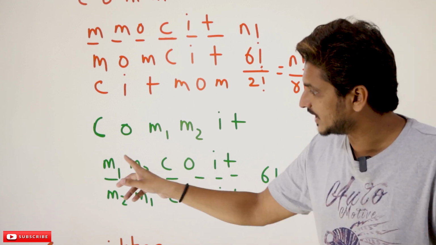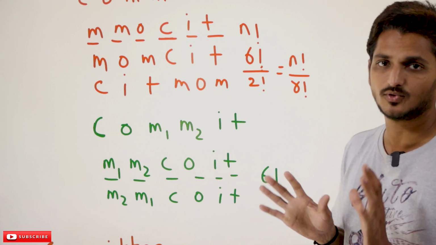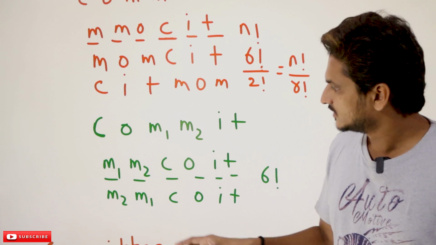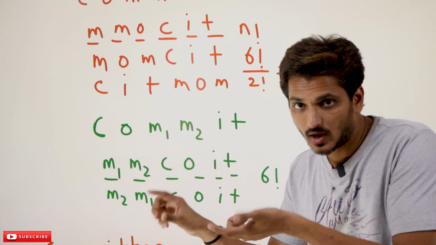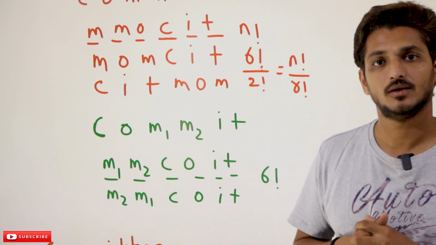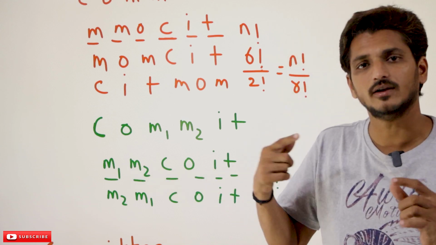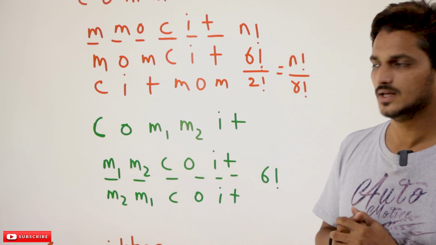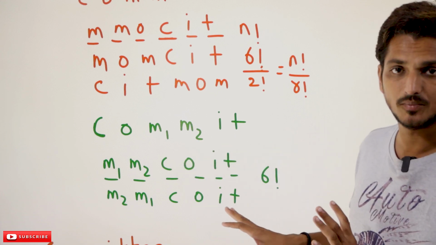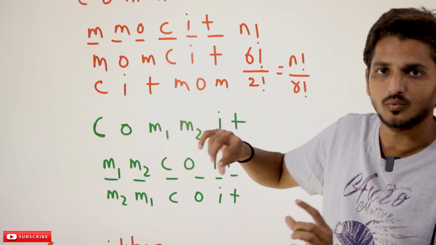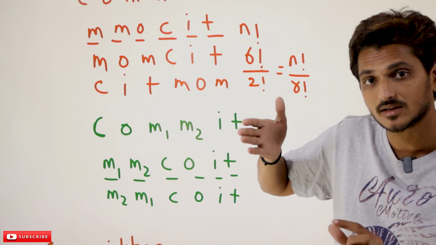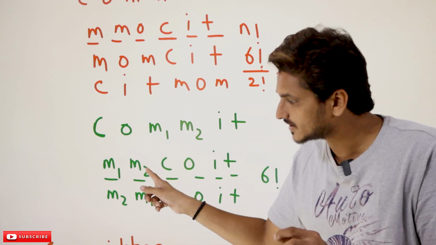This is one possibility: M1, M2, C, O, I, T. If you swap these two, M2, M1, you get another possibility, because these two characters are different. The remaining positions are the same, C-O-I-T, we are just exchanging M1 and M2, and you get a different way of arranging the characters.